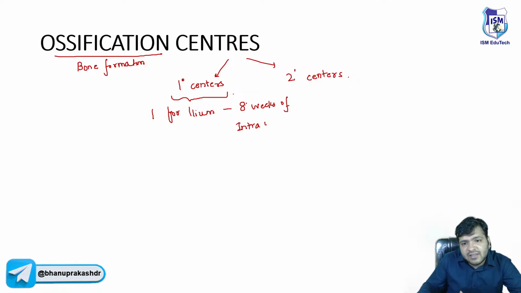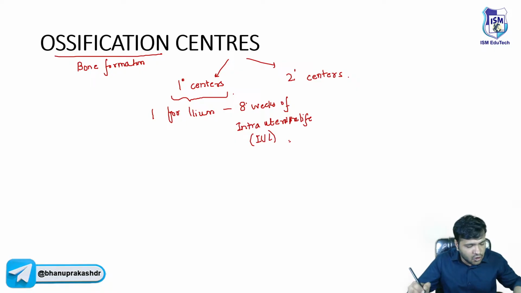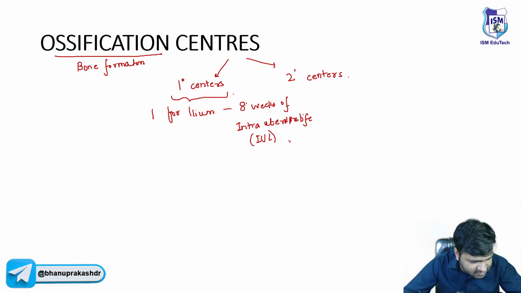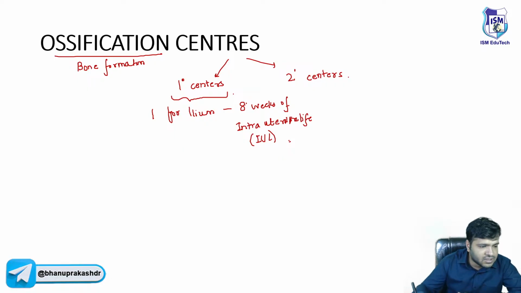Intrauterine life कहने का मतलब है when the baby is inside the uterus, इसको IUL लिखते हैं. जब pregnancy के 8 weeks होते हैं बेटा, तब ilium का center appear होता है.